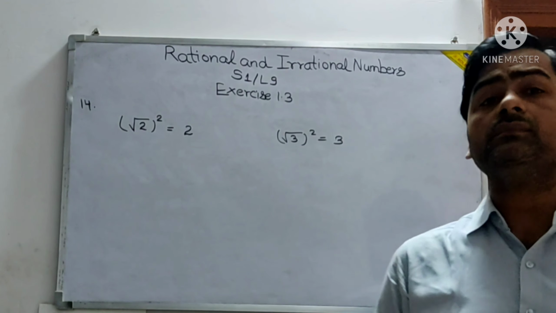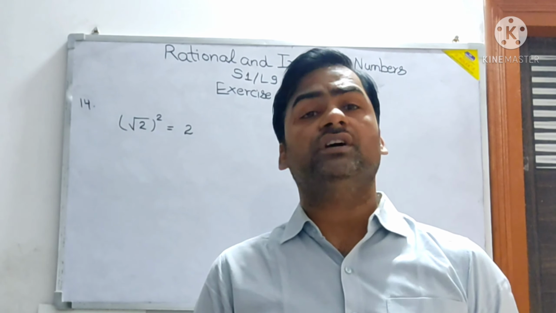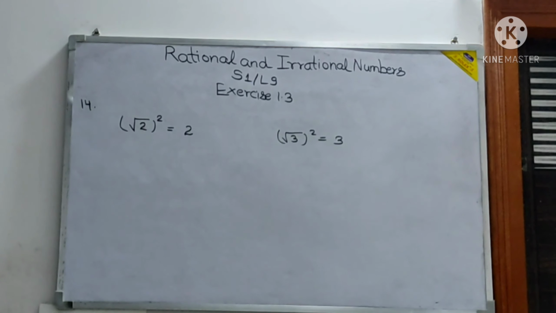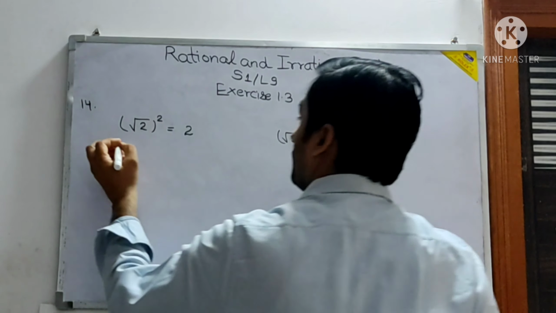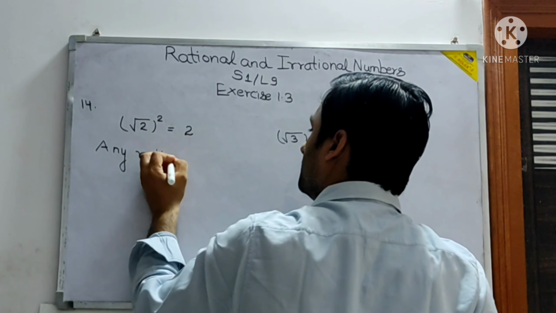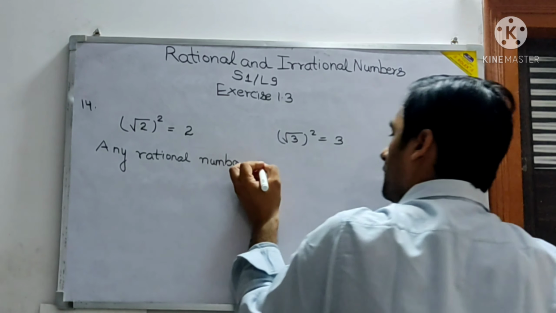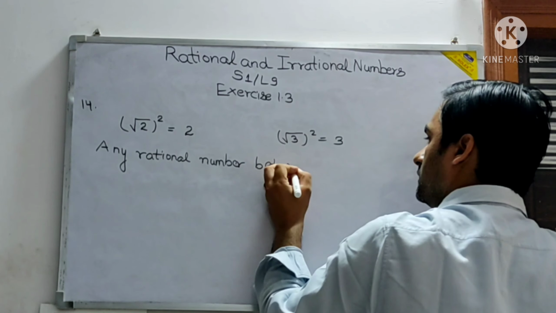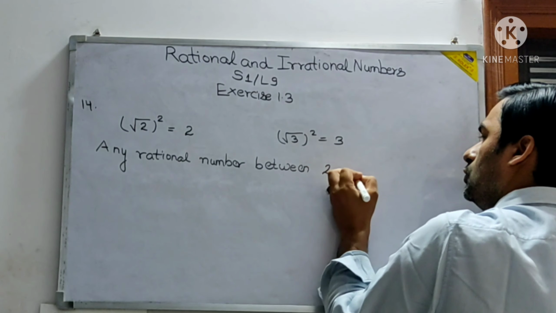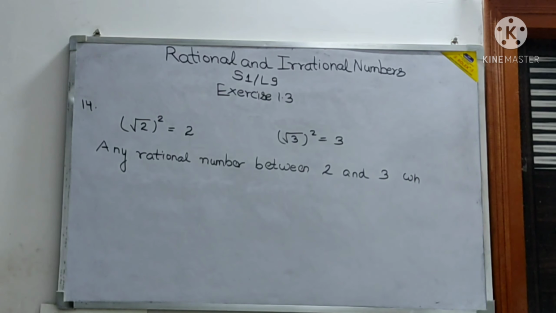Now see, between 2 and 3, you check how many decimal expansions there are which are perfect squares. So can we say any rational number between 2 and 3, how many do you have to insert? One only or two? One only.